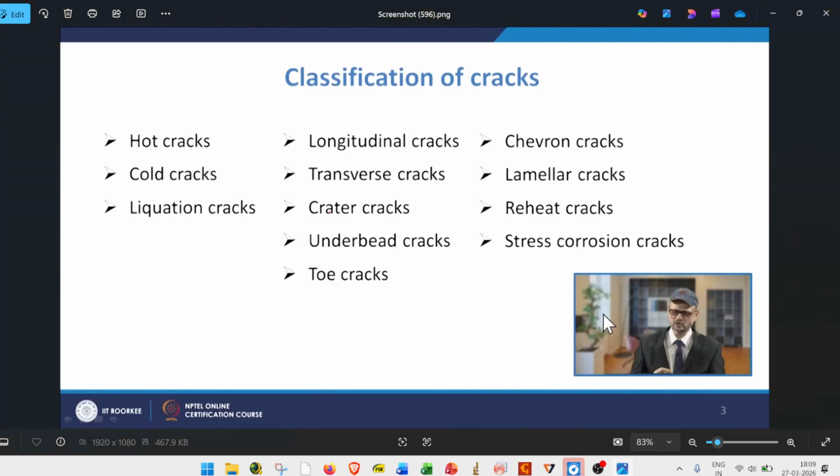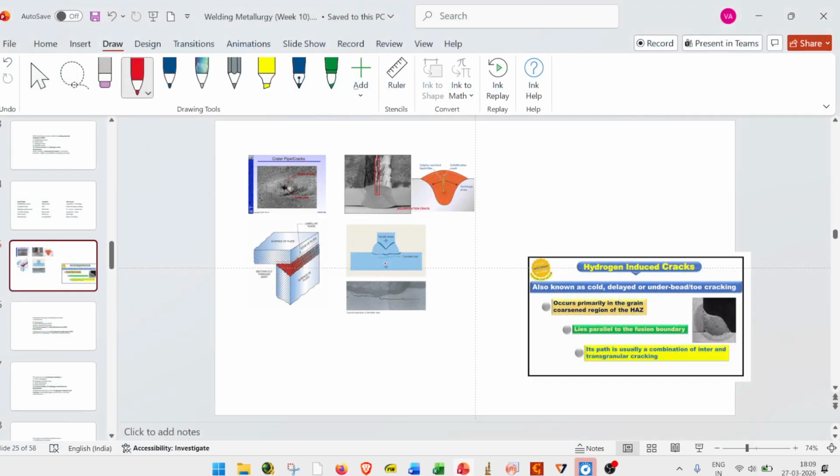Similarly, there are other cracks, next underbead cracks and toe cracks. What are those?